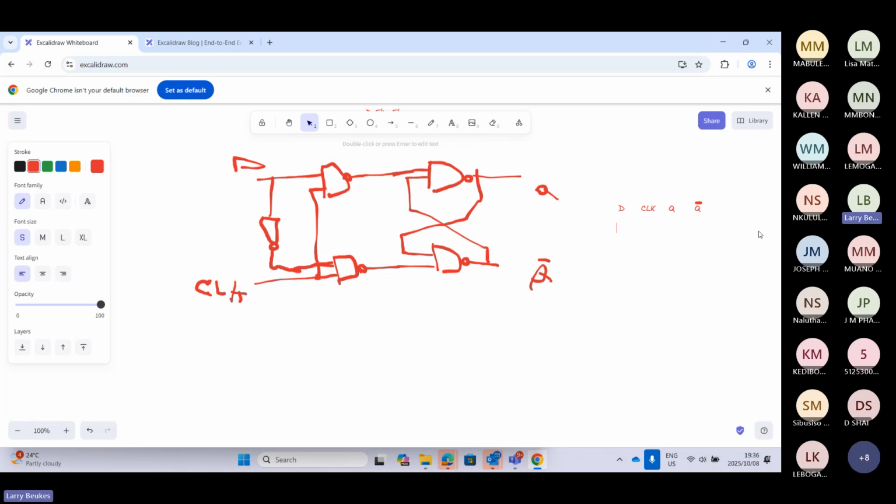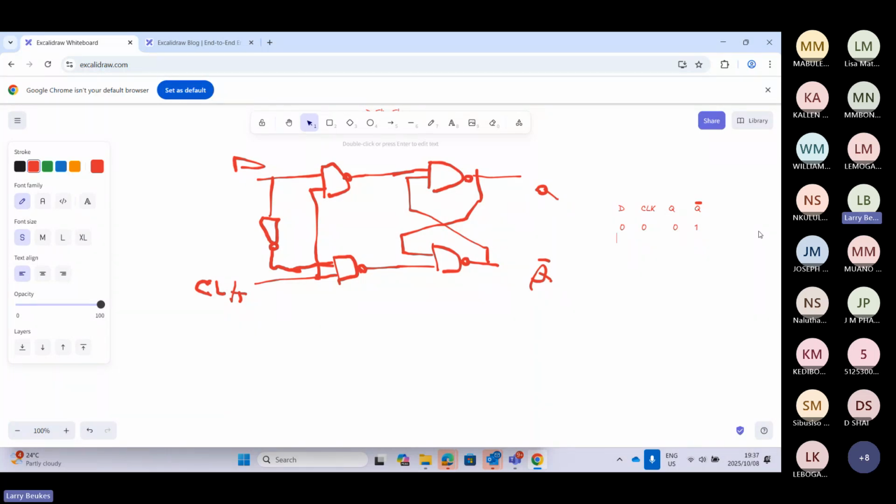Because you only have two inputs, there are four possibilities, right? It's both D and clock 0, 0. Now, if it's 0, 0, your Q, the output, will be 0, and then Q naught, the output, will be 1, right?